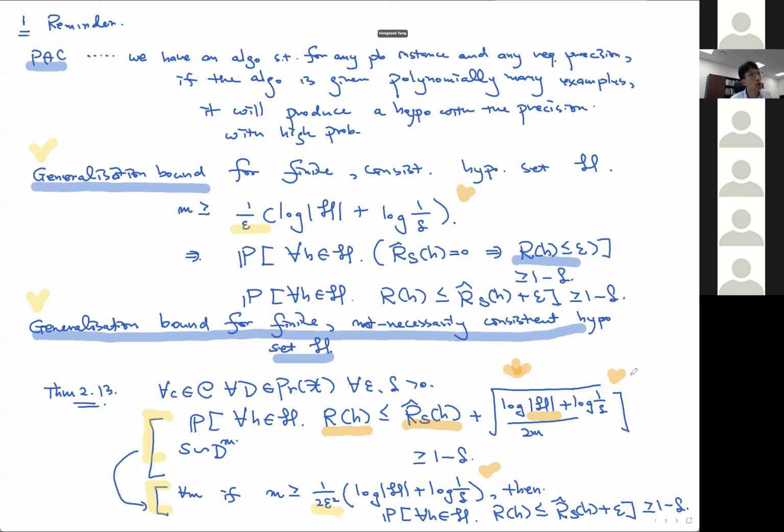This means that in order to tighten the bound, the order of the samples required is the square root of 1 over m, which is much worse than just 1 over m. So in the more general case, getting some guarantee becomes more difficult.